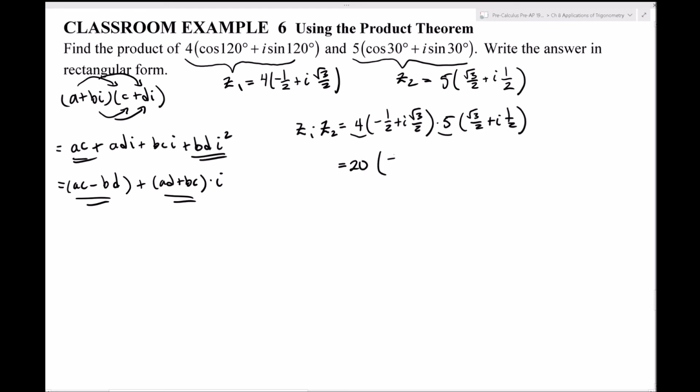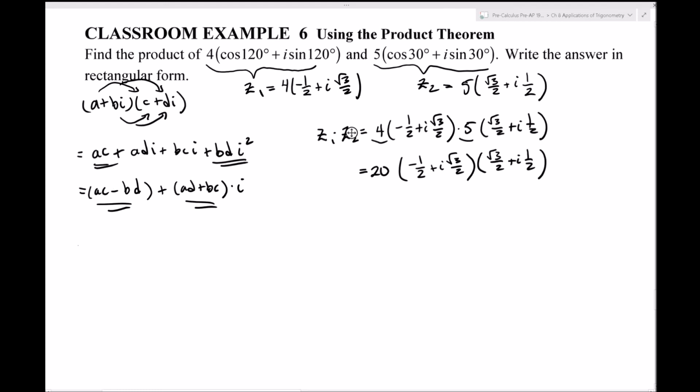And then I'm going to multiply these two, which is going to suck. Negative 1/2 plus i square root of 3 over 2, times square root of 3 over 2 plus i 1 over 2. And then we distribute like we did over here. So then we have negative 1/2 times square root of 3 over 2. 20's on the outside, along for the ride. Inside parentheses, negative square root of 3 over 4.